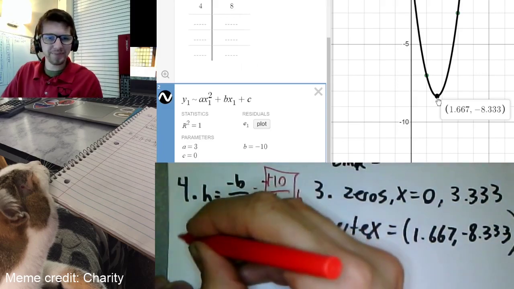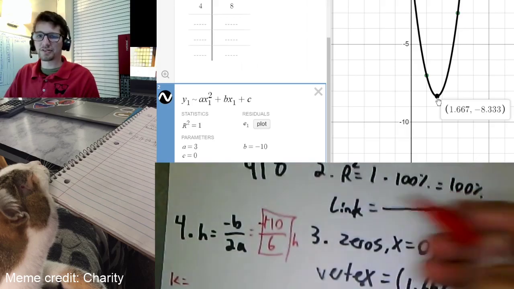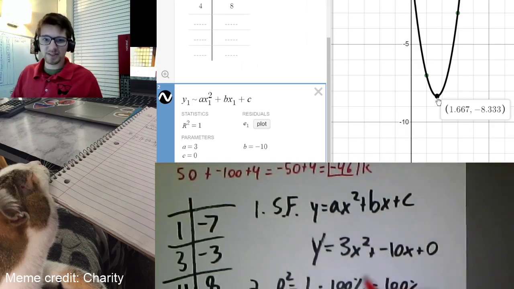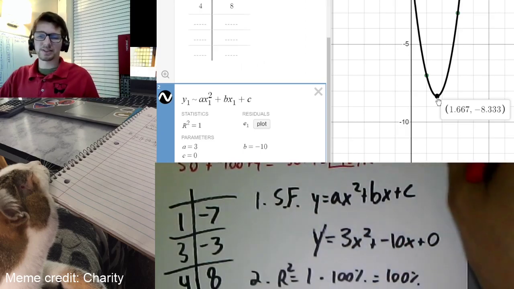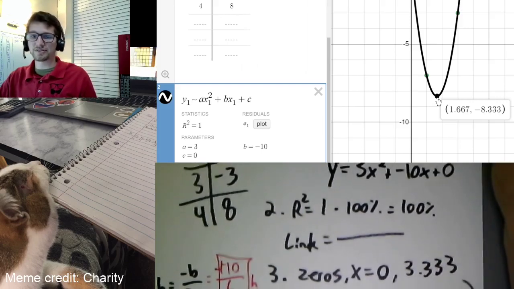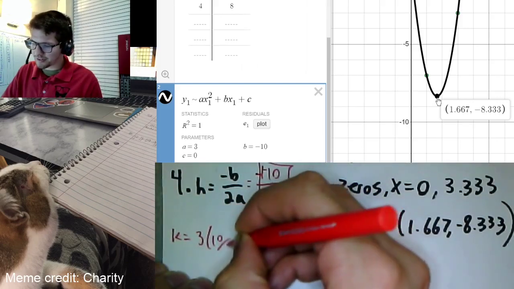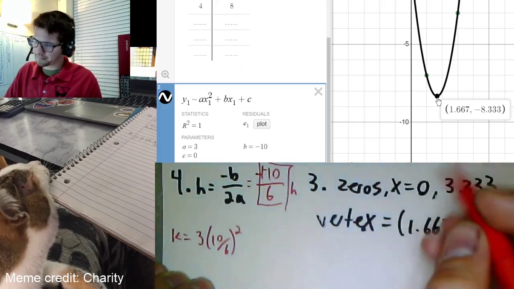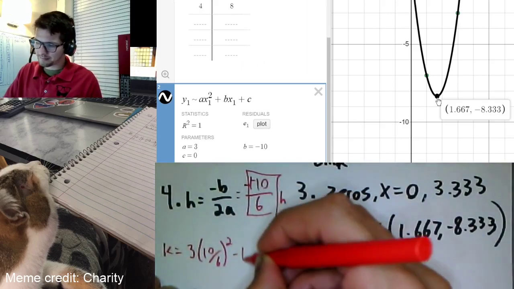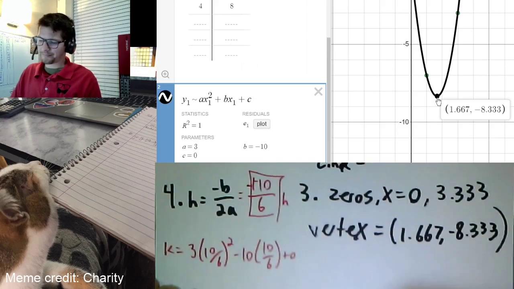Now to find k, I plug in my h value for x in the equation. So my equation was 3x squared plus negative 10x plus 0. So I'm going to plug in 10 over 6 for all those. So 3 times 10 over 6 squared minus 10 times 10 over 6 plus 0.